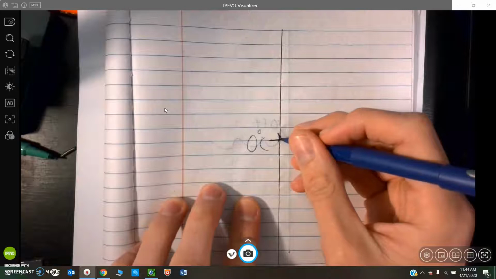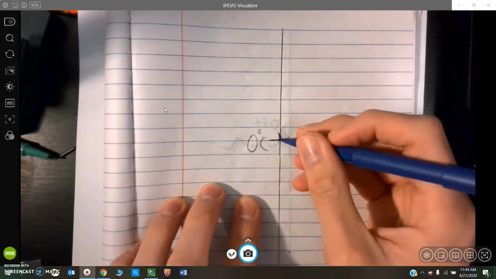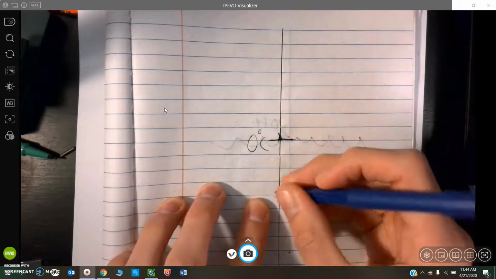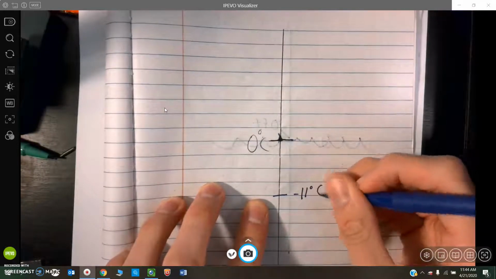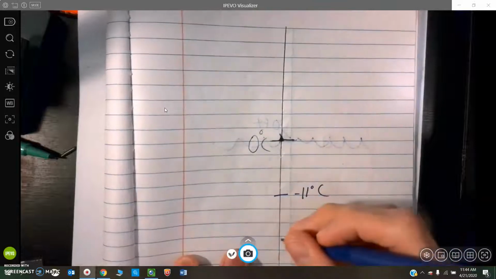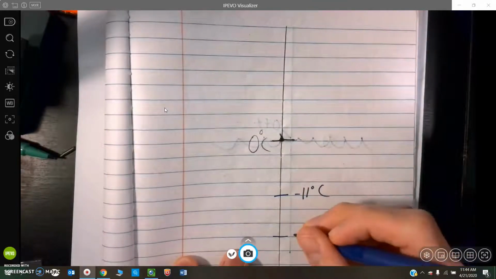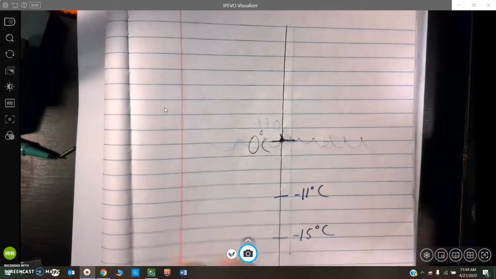So -11 degrees is if we started at 0 and went down 11 spaces, here's where -11 degrees Celsius would be, and -15 would be down here.